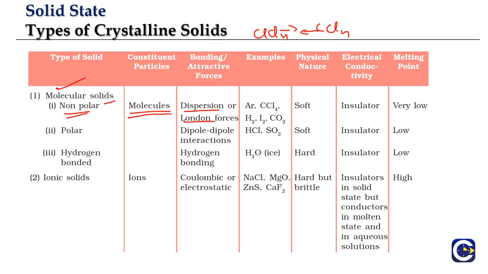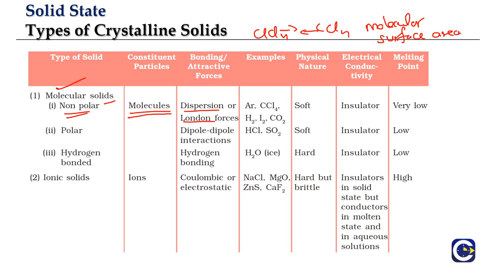So these dispersion forces or London forces come because the nucleus of one molecule's atoms attracts the electrons of the other molecule. Similarly, the nucleus of that molecule will attract the electrons of this molecule. So that kind of force will mainly depend upon molecular mass and surface area.